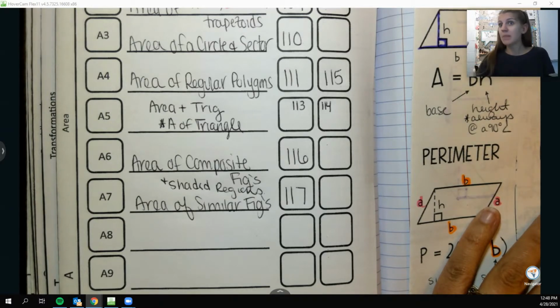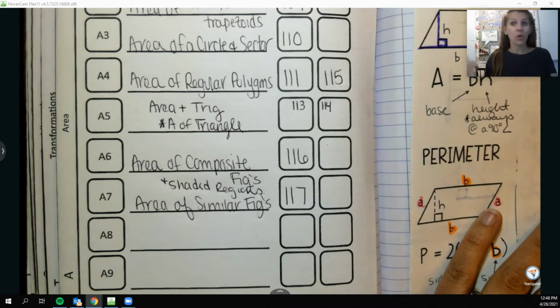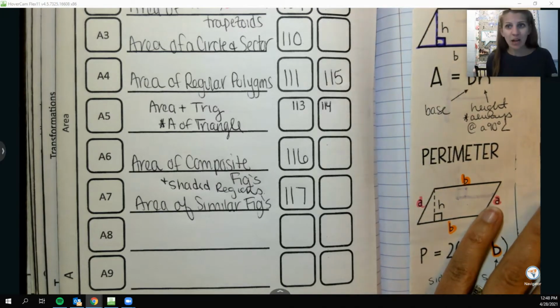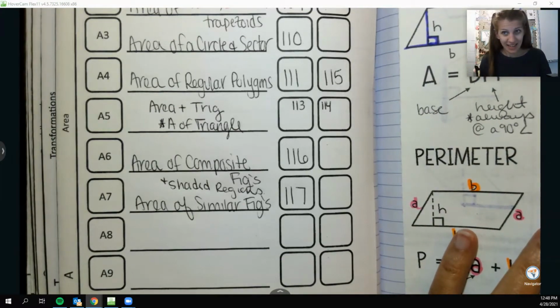It's just scaled up or scaled down by a certain amount, depending on how big or small the shape is. And so there's sort of this relationship between all regular hexagons or all similar shapes that can sometimes make our work a little bit easier. So let's have a chat on page 117.